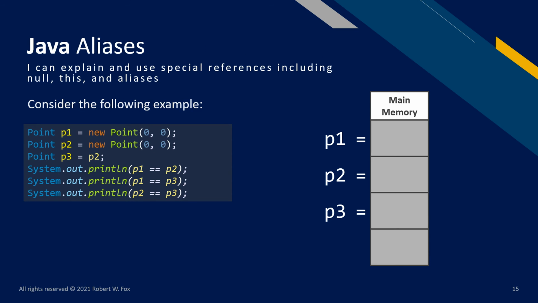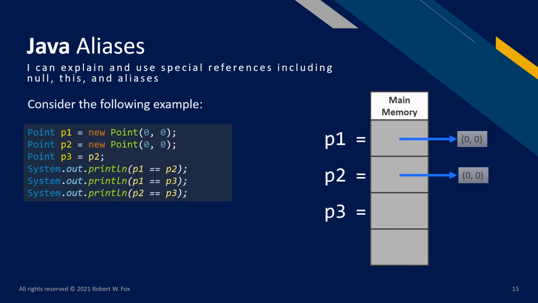To deepen your understanding of objects, references, and equal equal, let's look at an example. So in the first line of code, I create a point object p1 and set it equal to a new point 0, 0. For our purposes, a point is just an xy coordinate. In the second line, I create another new point object called p2, and in the third line, I say point p3 equals p2. Now notice, with this third line, I do not create a new point. Look what happens.